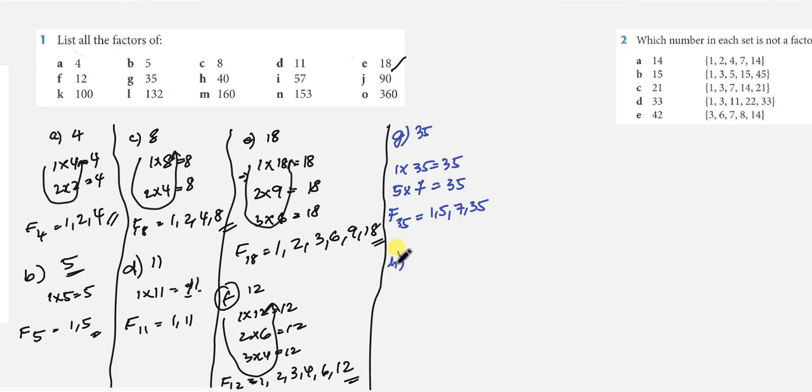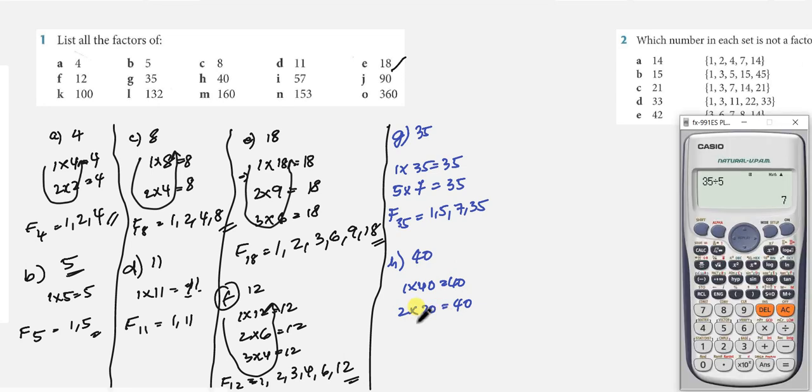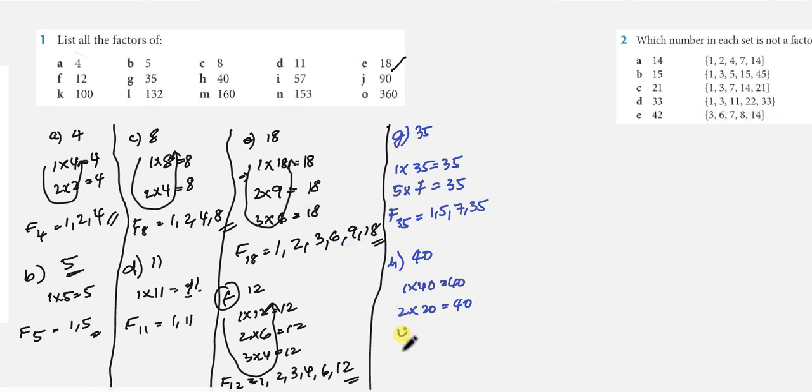H is 40. So 1 times 40 is equal to 40. 2 times 20 is equal to 40. It's not going to be divisible by 3, but still, let's check. No. So 4 times 10 is equal to 40.